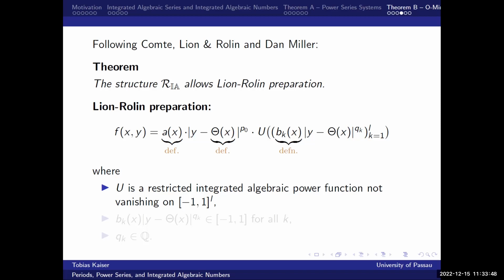So therefore it's bounded from above and below on this compact set. So here now on the reals, this makes no difference. Then all this takes values in this unit interval, and the coefficients are rational, the exponents are rationals. So this is the Lion-Rolin preparation.